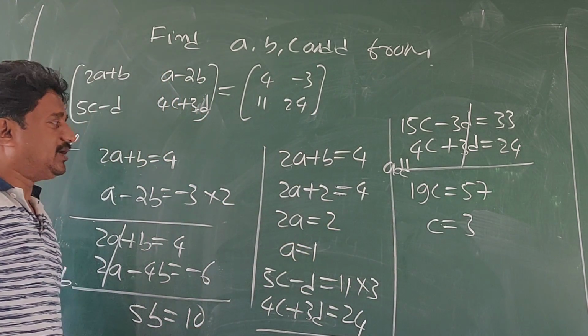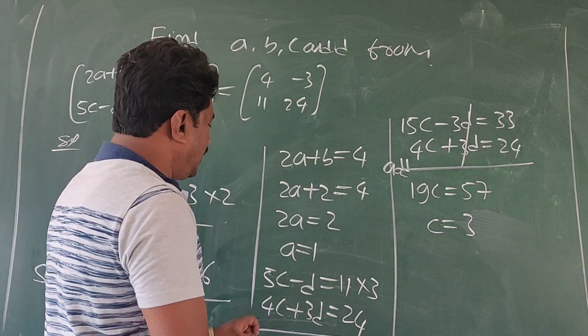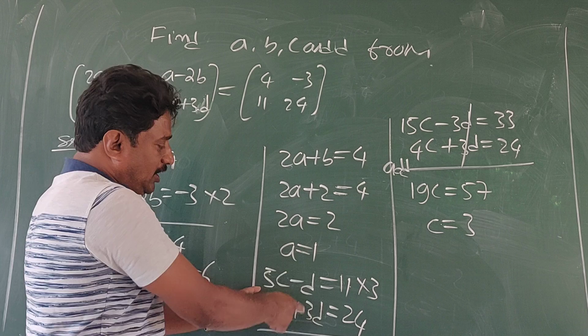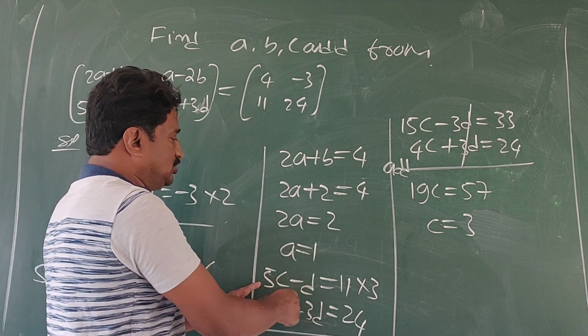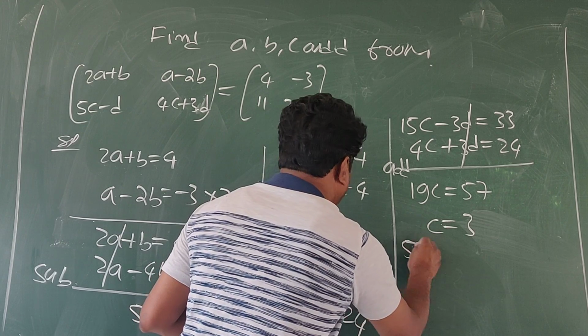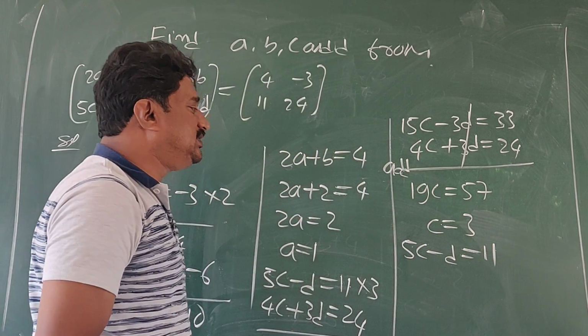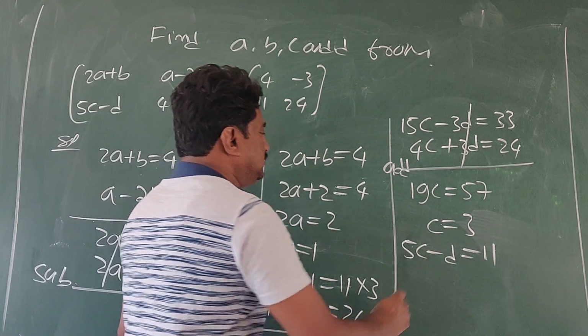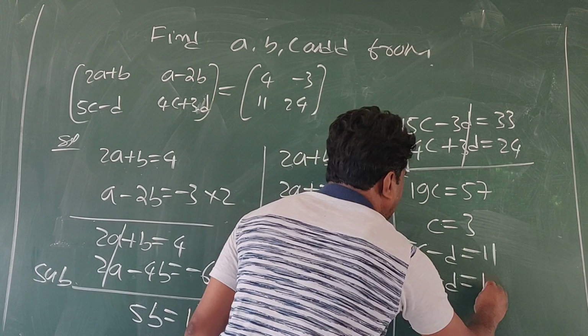Still we have to calculate the D value. So you take one among these two. You select any one equation from these two. I take 5C minus D is equal to 11. Substitute for C to get D. C is 3, 5 3s are 15. 15 minus D is equal to 11.